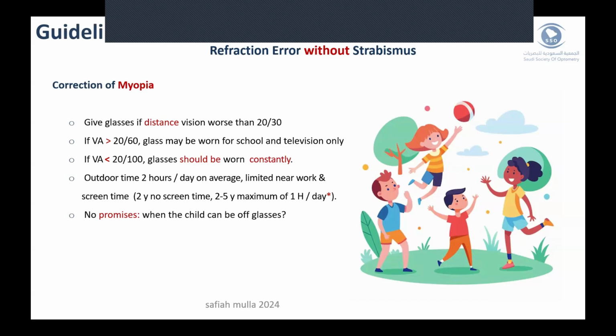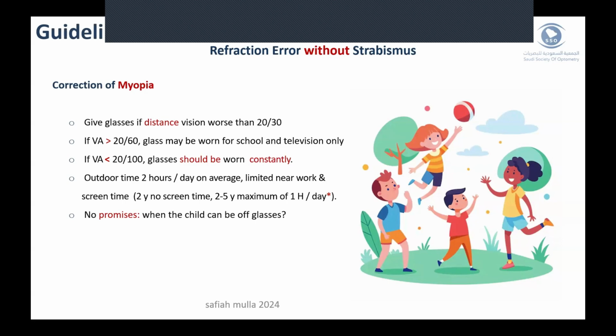If their visual acuity is worse than 20/100 without the glasses, then they should be wearing the glasses all the time. And you should explain this to the parents so they will help you in making the child follow your method or your procedure for treatment.